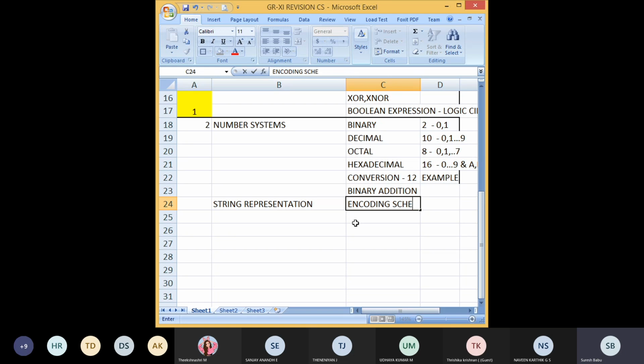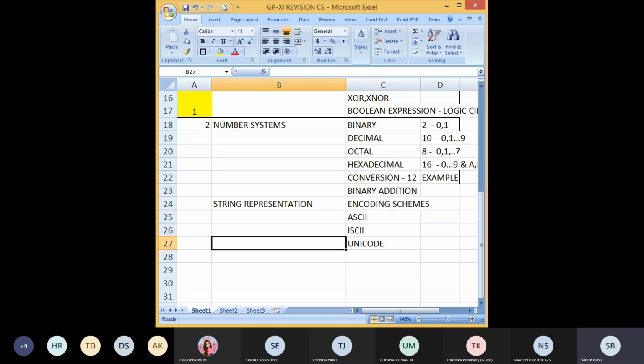We have three types: ASCII, that is American Standard Code for Information Interchange; then ISCII, Indian Script Code for Information Interchange; and one more is Unicode, that is universally applicable for everything. Students understood? This is string representation. Yes, sir. So these are the important things about the second chapter.